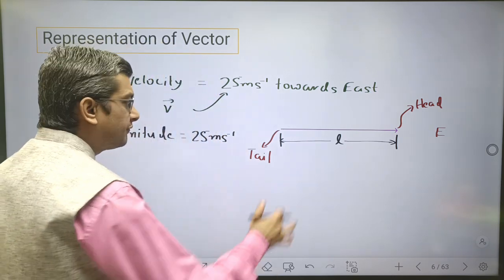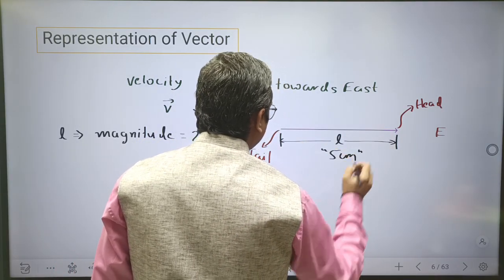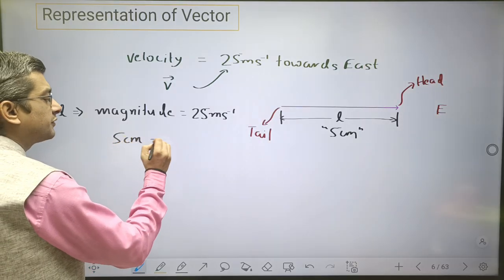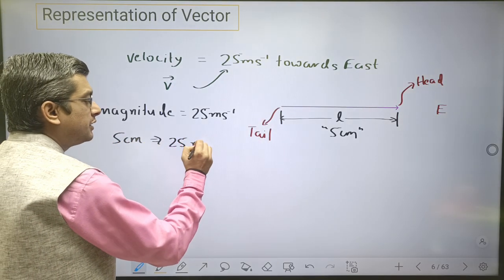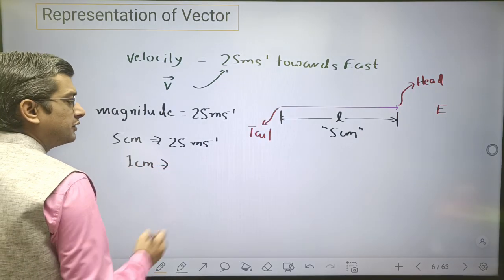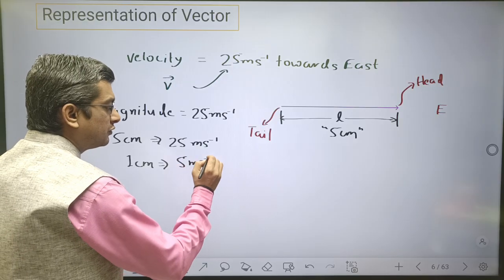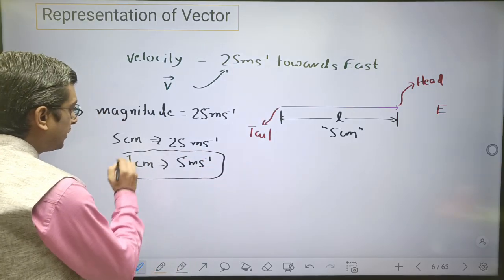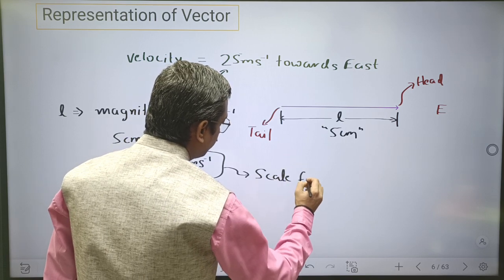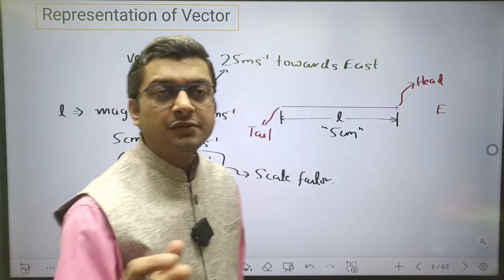Now suppose I draw this line equal to 5 centimeter, then what happens here, student? This 5 centimeter is actually representing 25 meter per second. So 1 centimeter will represent 5 meter per second. So this is known as scale factor. So we represent vector quantities by using a scale factor. That is 1 centimeter is equivalent to 5 meter per second.